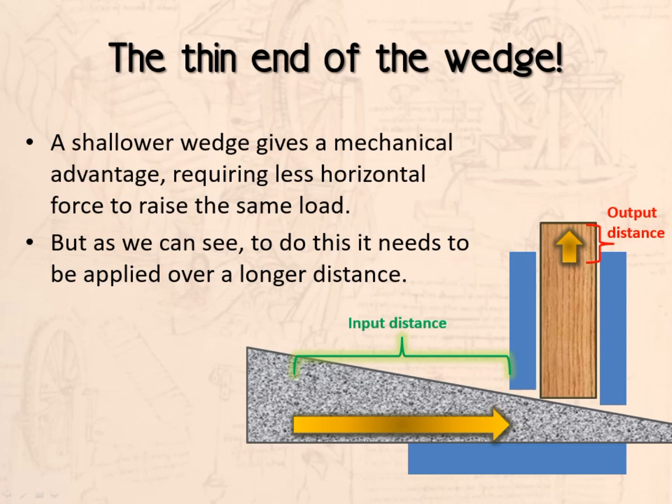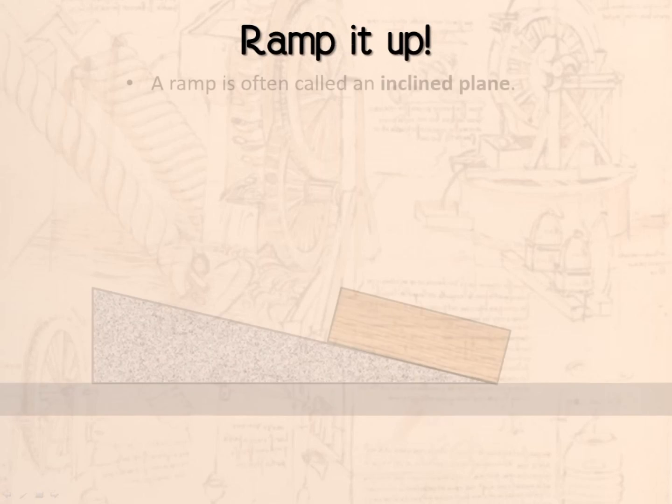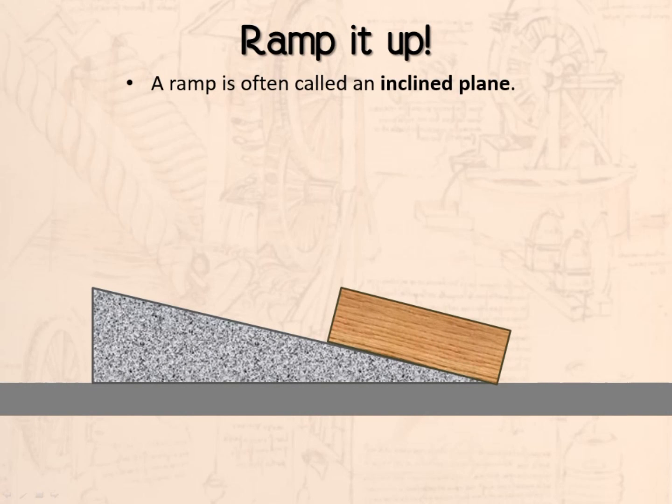As you can see, the wedge moves a very long horizontal distance, and we only get a very short amount of vertical movement from the wooden block. So wedges can be made more effective if you make them longer, but you'll need to apply the force over a longer distance.